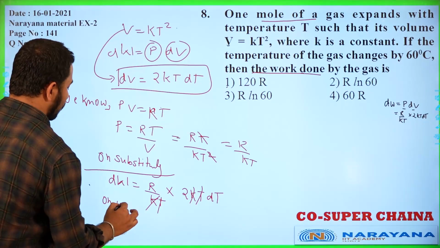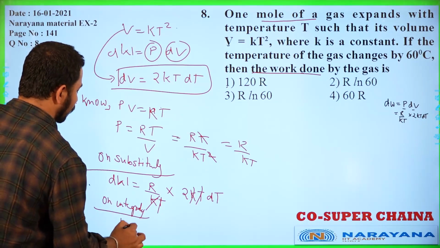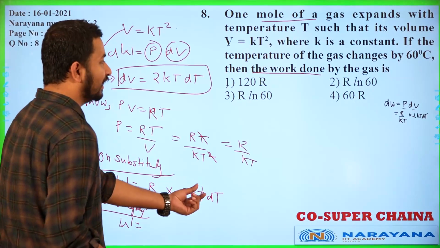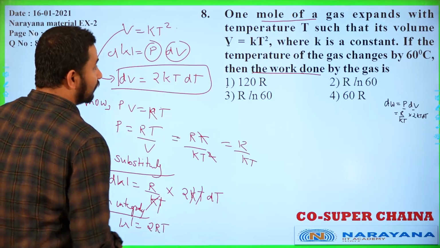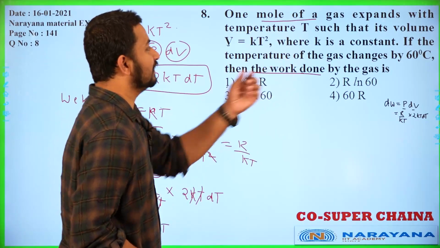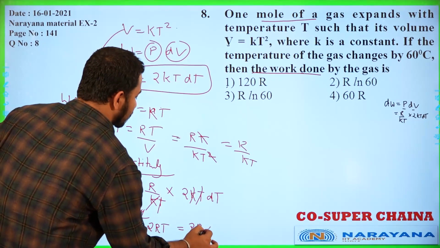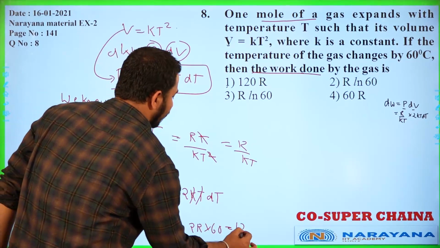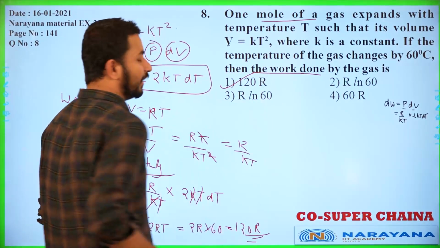On integrating, we will get W equal to 2R times the integral of dT, which is T. So 2RT. Substituting the change in T, given as 60 degrees, we get 2R into 60. So we are getting 120R, and that will be the required answer for this question, my dear student.